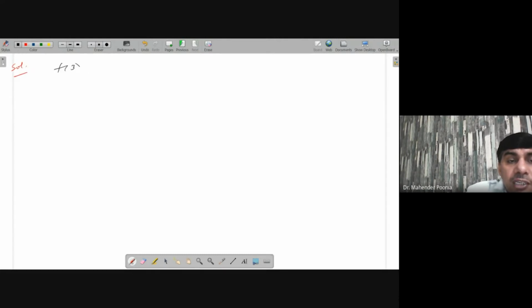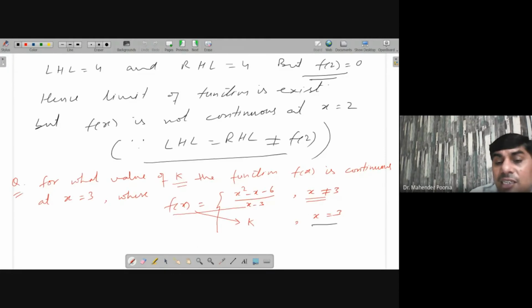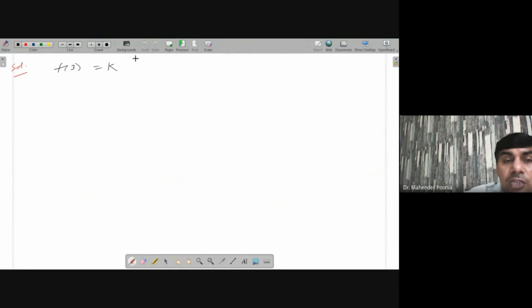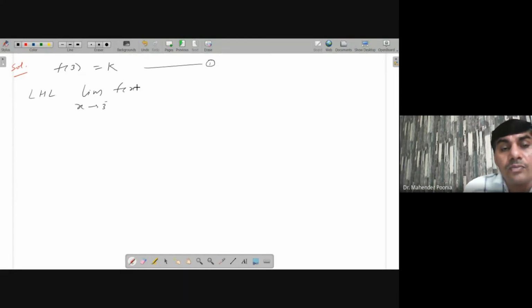f of 3 is equal to k because it is given that when x is 3, the value of function is k. So f of 3 is equal to k. Put it equation number 1. Now we have to find left hand limit. Limit x tends to 3 negative, f of x.